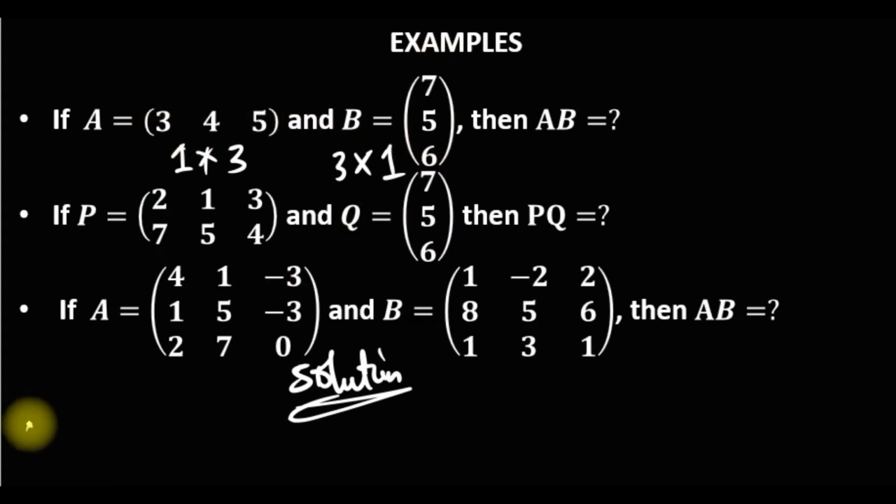So we see that AB is now a bigger matrix. 3 times 7. So this to this, that to that. Do you get? So row by column.